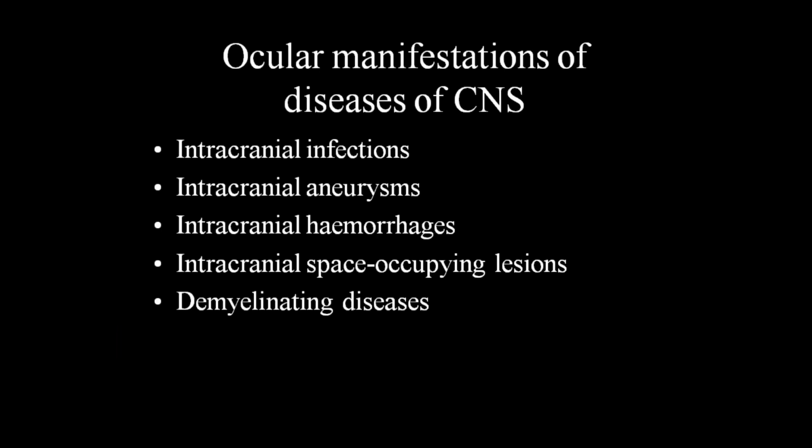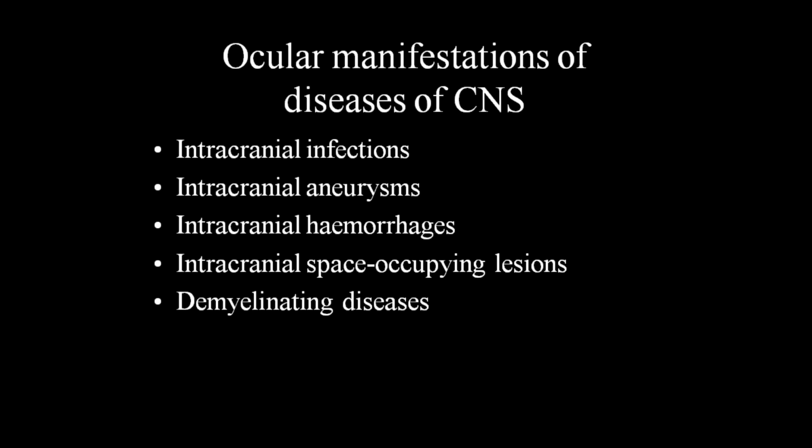Now coming to ocular manifestations of diseases of the CNS, the central nervous system. Till now we have seen the other causes of optic neuropathies. Optic neuritis has been covered for you earlier, and today we have discussed two main topics, anterior ischemic optic neuropathy, AION, and traumatic optic neuropathy.